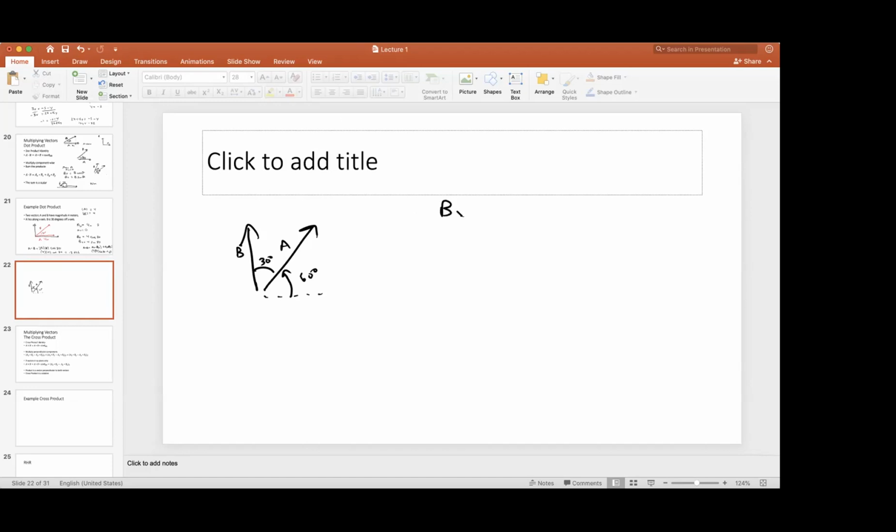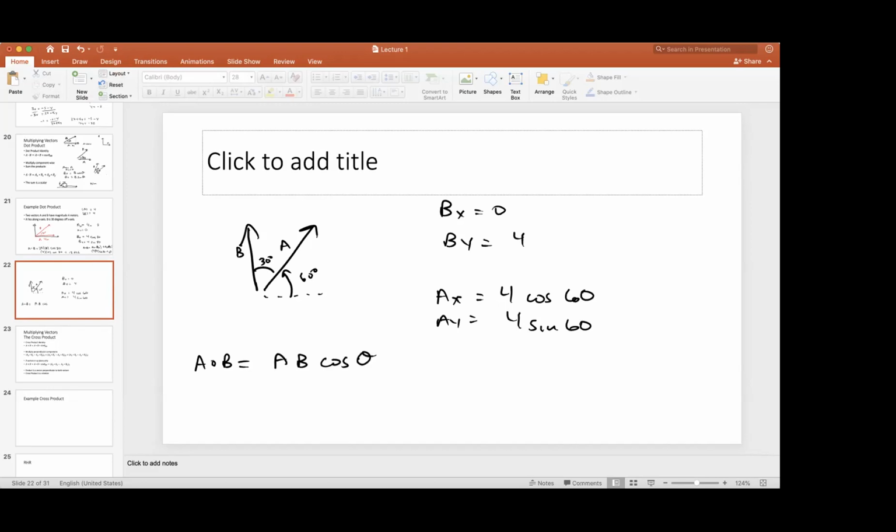And therefore, BX is 0 and BY is 4. AX is now 4 cos of 60 and AY is 4 sine of 60. And I still want A dot B. So A dot B gives me AB cos of the angle between them. And the angle between them is still 30. They're still magnitude 4. So this is still 4 times 4 cos 30. That answer is still the same.